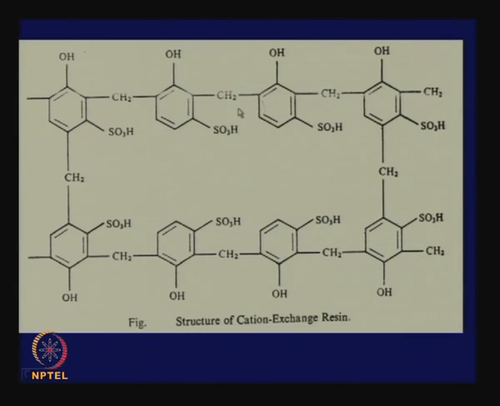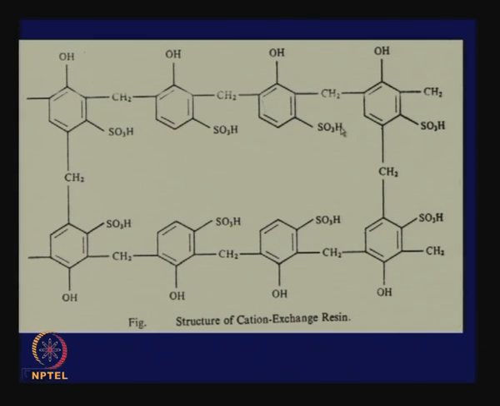and here is a structure of a cation exchange resin. They are large molecules. You can see that the interconnected and cross linked chains are there, and there are certain sites, in this case SO3H, where a cation exchange is possible.